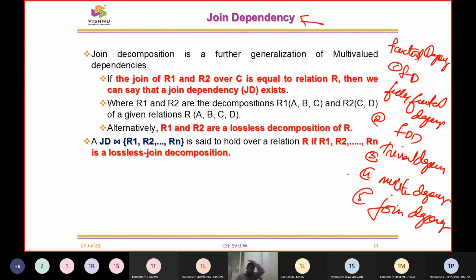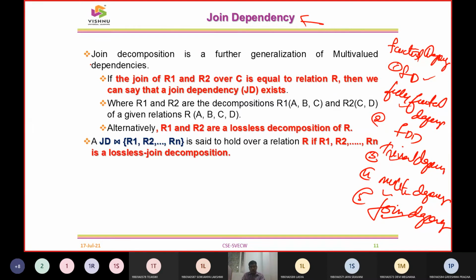While decomposing a table, we need to understand that we should have functional dependencies, fully functional dependencies, trivial dependencies, multi-valued dependencies and join dependencies. All together they are going to be taken up in this form.